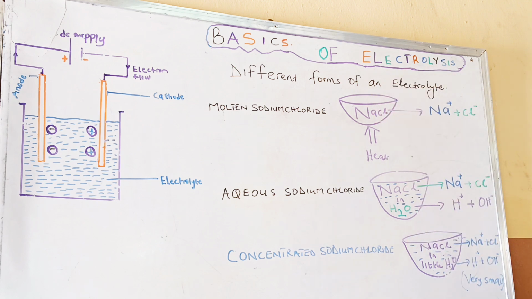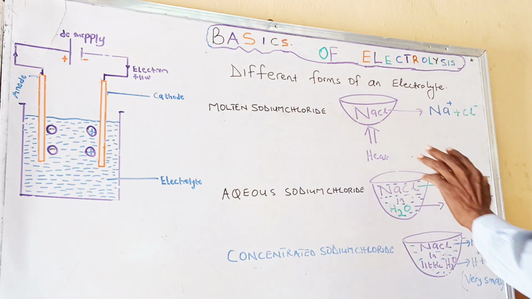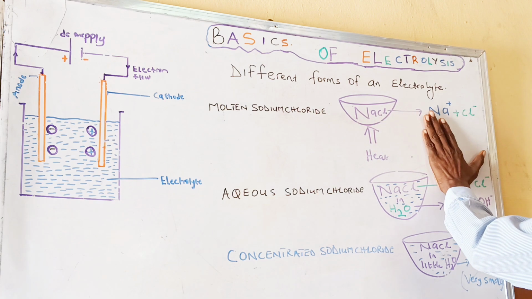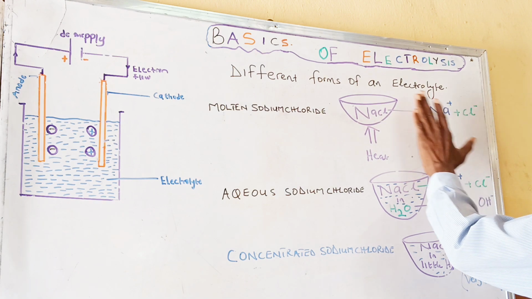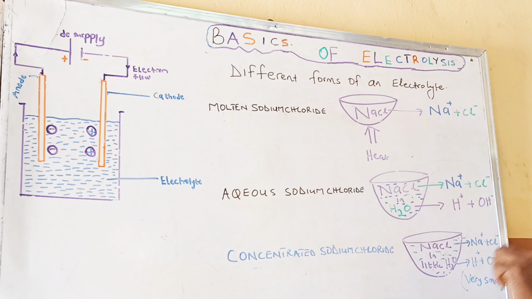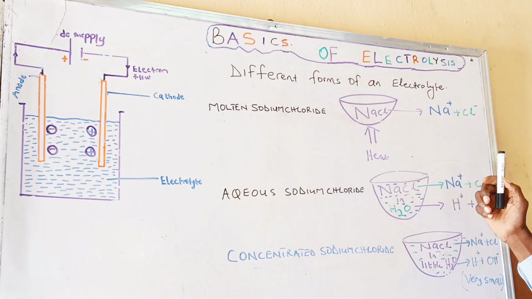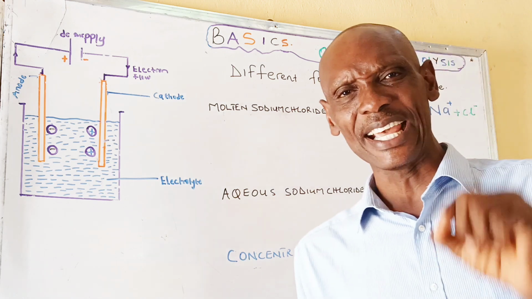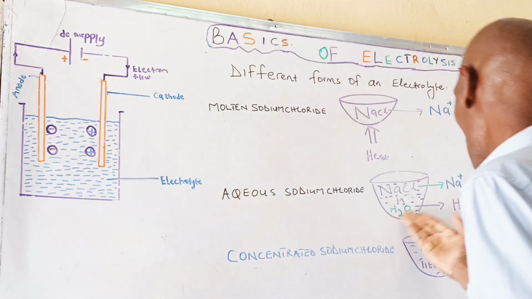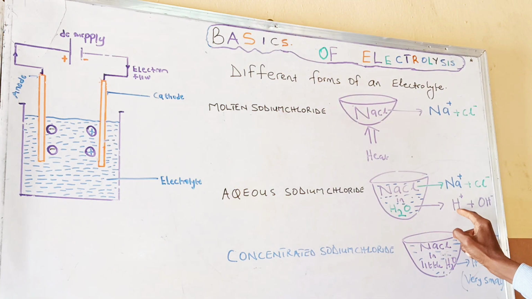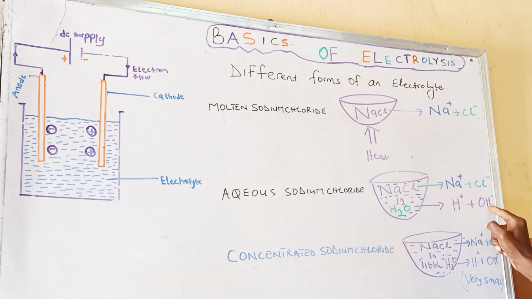Here, in the molten case, the only ions I had to contend with were the ions coming from the electrolyte. But here now, apart from the electrolyte ionizing, in this case sodium and chloride ions, the water I'm using as a solvent will also ionize to give hydrogen ion and OH minus.